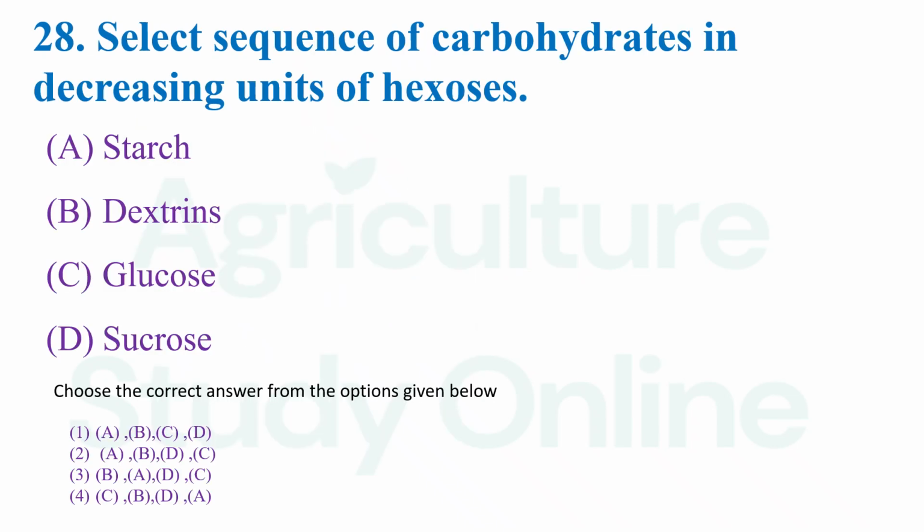Question number 28. We have to select the sequence of carbohydrates in decreasing units of the hexose. First, starch, it is a polysaccharide, means they have hundreds, thousands of glucose units. Dextrins, it's an intermediate product of starch breakdown, only few glucose units are there.